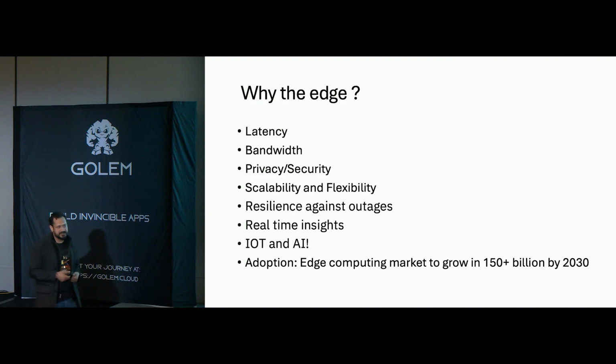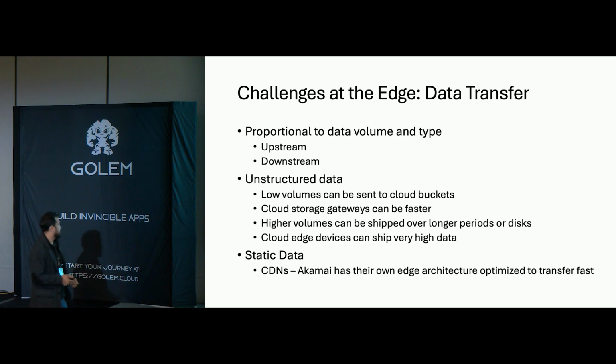And we'll visit some of those later in the talk. And adoption, right? The edge computing market is expected to grow quite a bit, 150 plus billion. The whole edge spending is supposed to be around 750 billion by 2030. So the investment is going in because of these use cases.